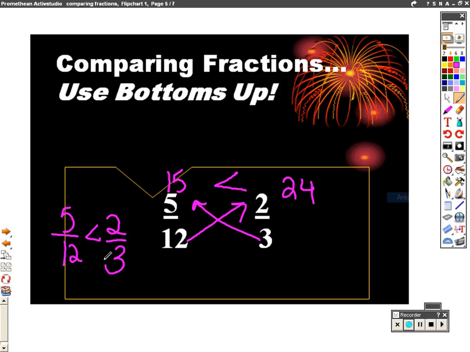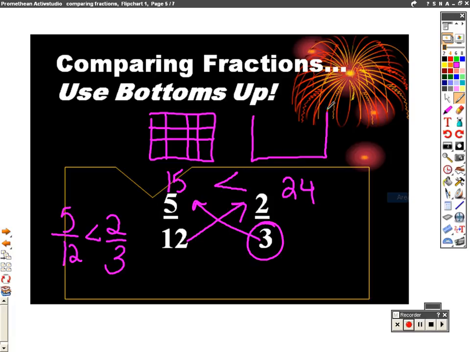It's a nice strategy. Now, the reason why this works is if I really wanted to compare these, they'd have to be the same number of slices. So if I had a cake with 12 slices, let me draw this. Okay, there's my 12 slices. This says 5 out of every 12 pieces I want.